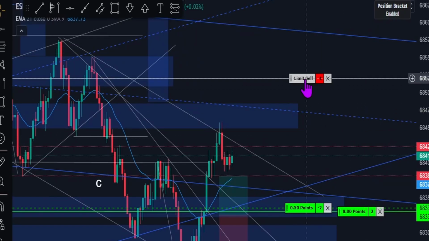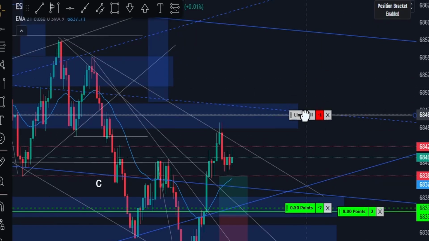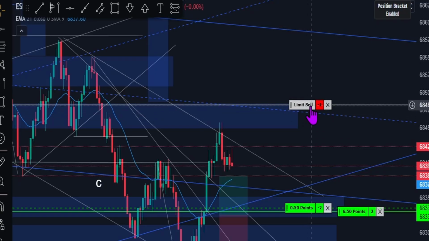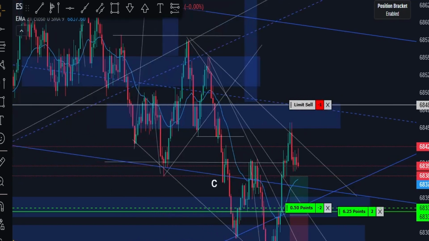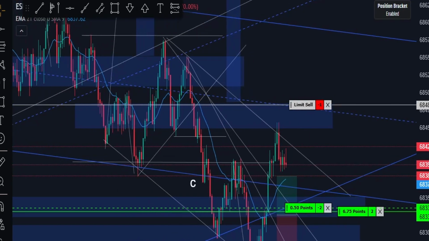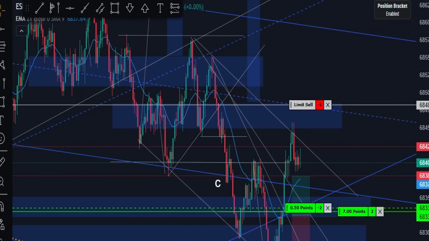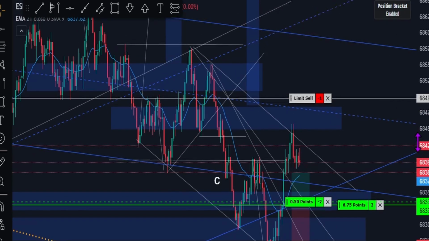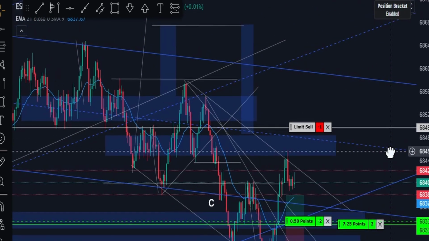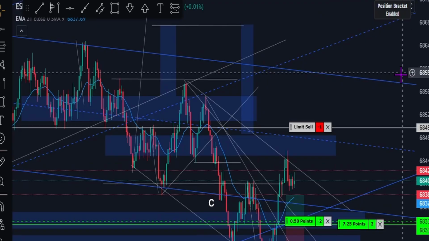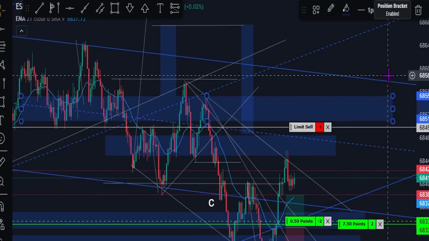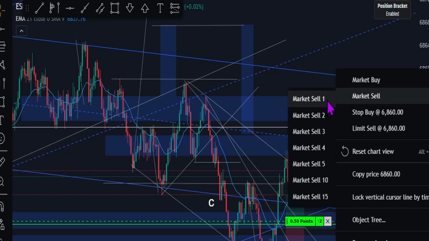Maybe the channel, we could go like this, and no, I will go top of the range, maybe between both ranges. I think this is a very probable target price. And I will go out here as well.